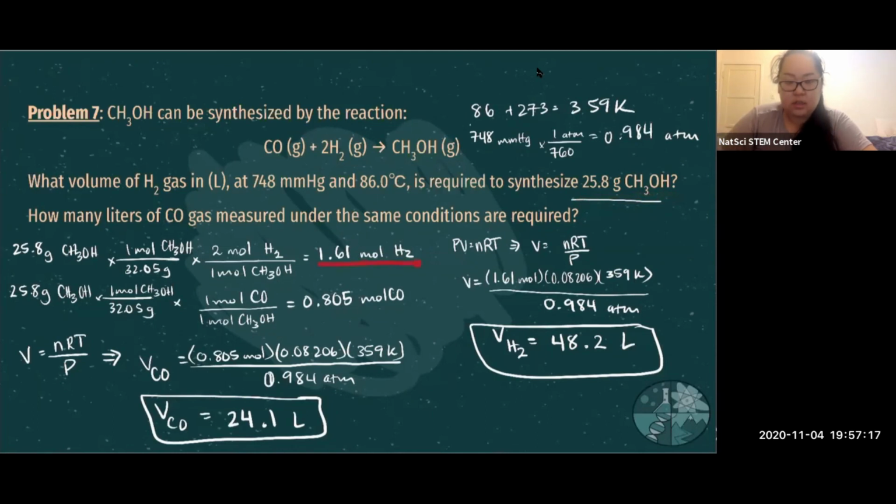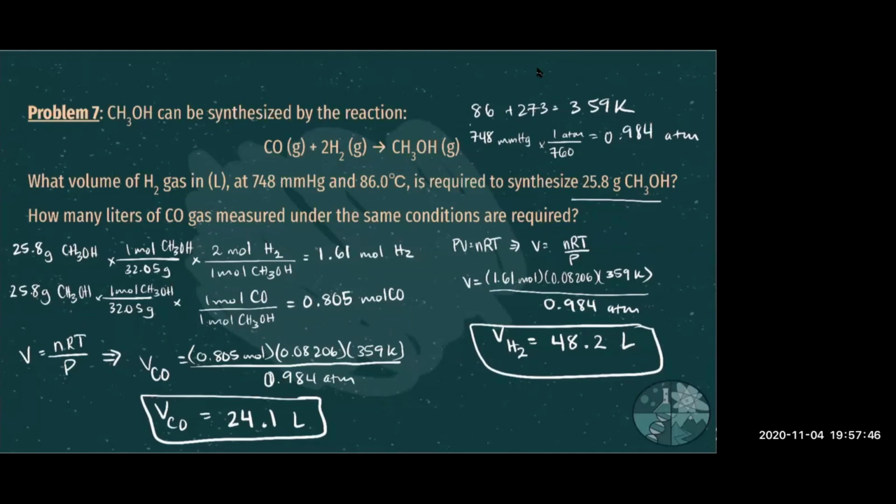You should get this as your moles for hydrogen. 1-to-1 ratio for carbon monoxide to CH3OH. And you should get this value, approximately, depends on your sig figs. I just kept this much. Then plug it into your rearranged ideal gas law formula and solve for V. And you should have 3 sig figs for your final answer.